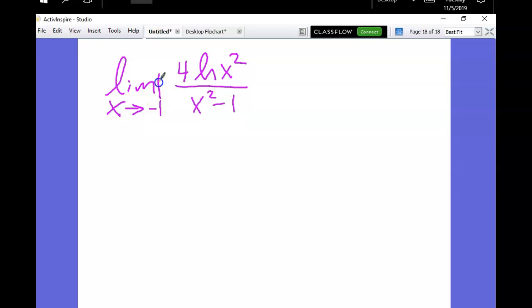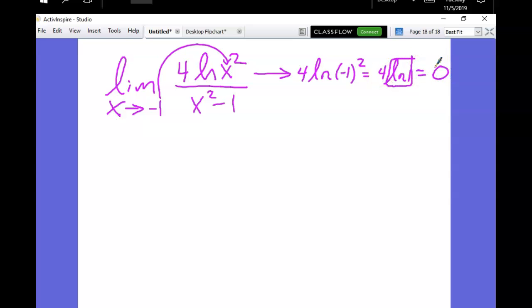So direct substitution gives me 4 ln of -1 squared, which is 4 ln of 1. Now this is 0, and 0 times 4 is 0. Direct substitution here, I think we all can see clearly that is 0. So L'Hopital applies, and we'll do the L'Hopital rule.